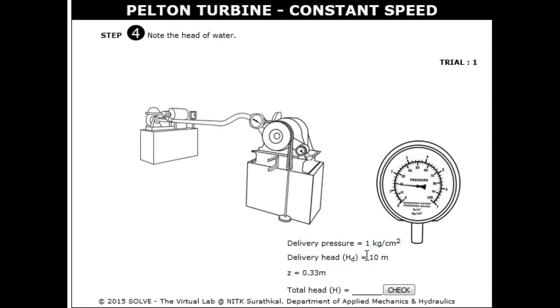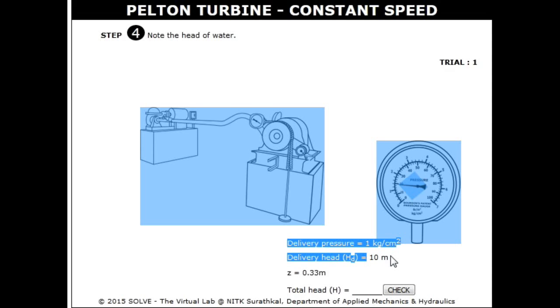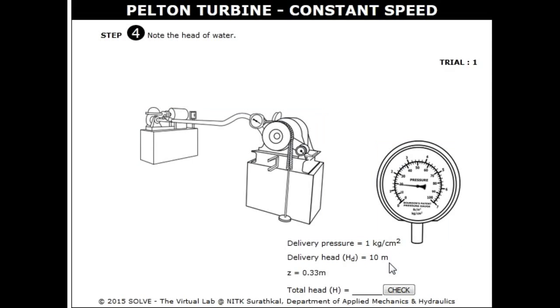Remember, RPM now we are fixing at 600, but the head has to change. The total head is the sum of the delivery head plus Z, which is the height at which the turbine is placed. The summation is 10.33.